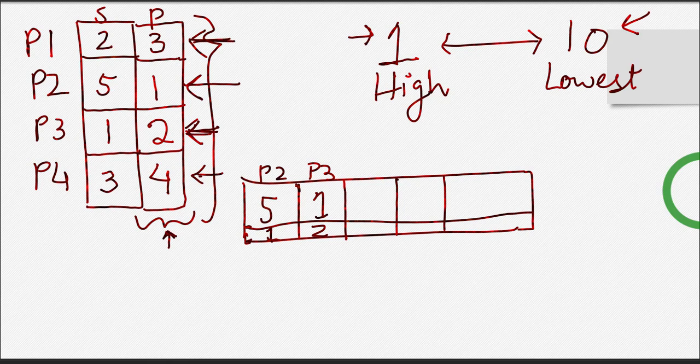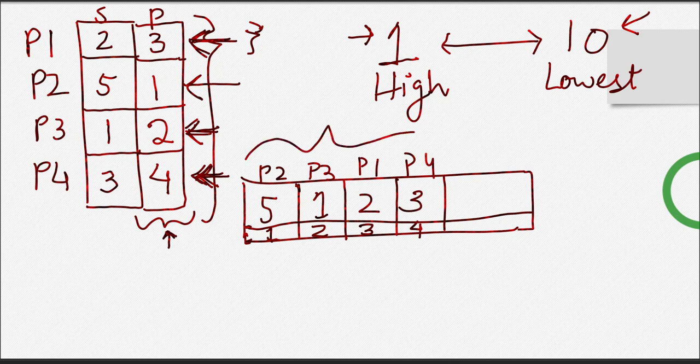The third process which will be executed will be this process, and it has a service time of 2. This is process P1, and the priority is 3. And the fourth is this process, so we will write 3 here, and this is the fourth process. So this is the order in which these processes will run if they are scheduled by the priority scheduling algorithm.